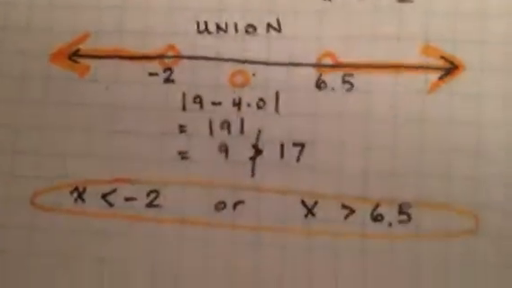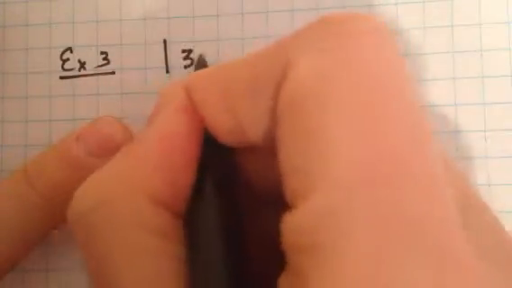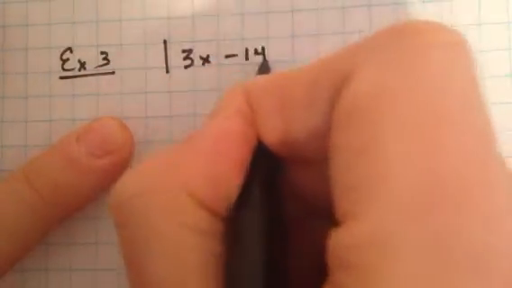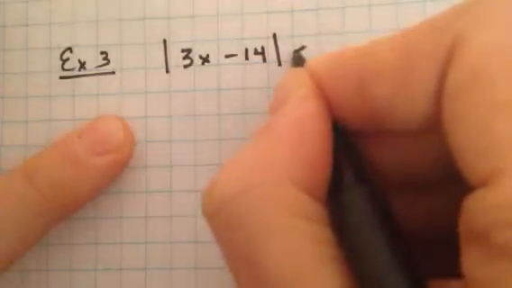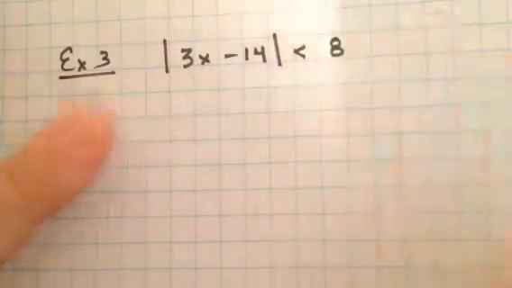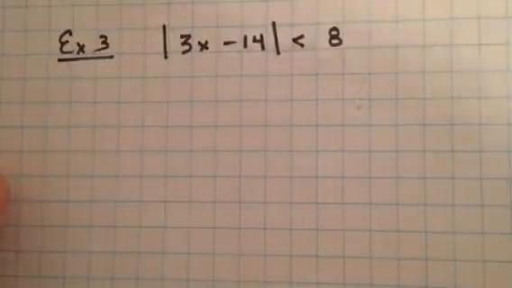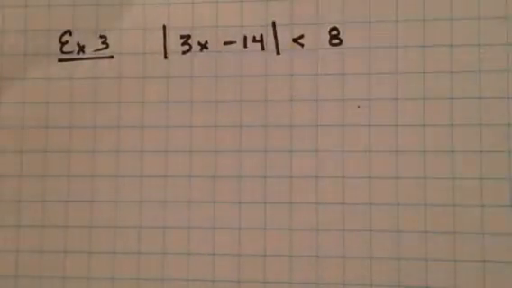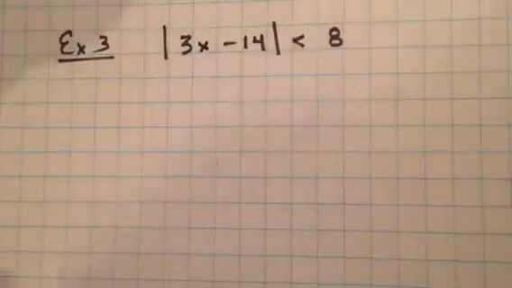One last example. Absolute value of 3x minus 14 is less than 8. Now what I want you to do is try the first step on your own.